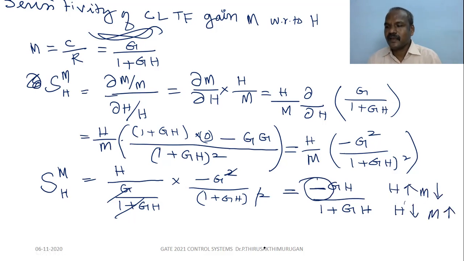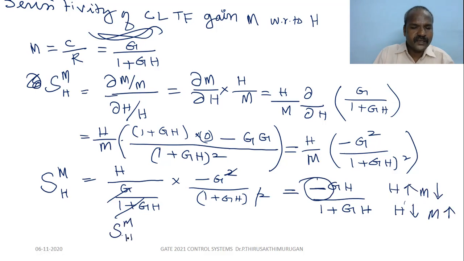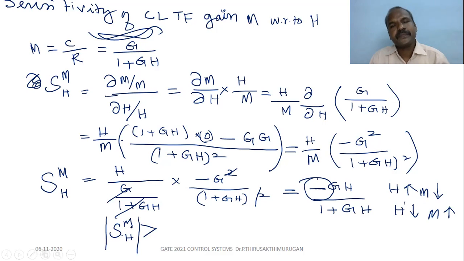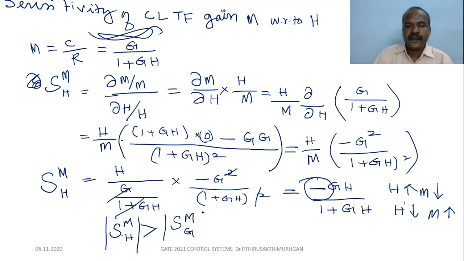The sensitivity of M with respect to H is always more than the sensitivity of M with respect to the forward gain.